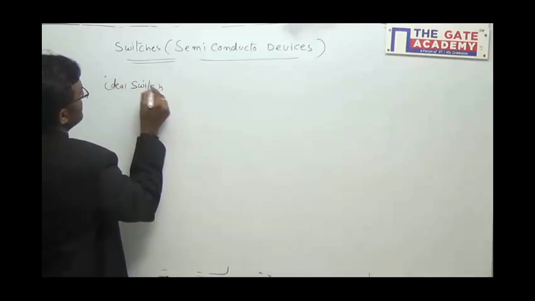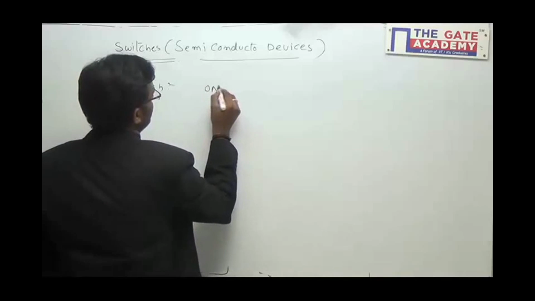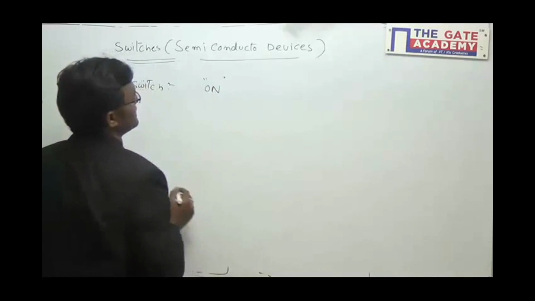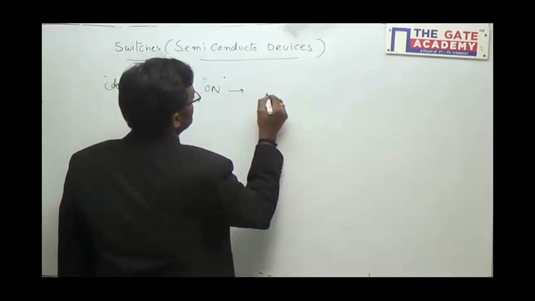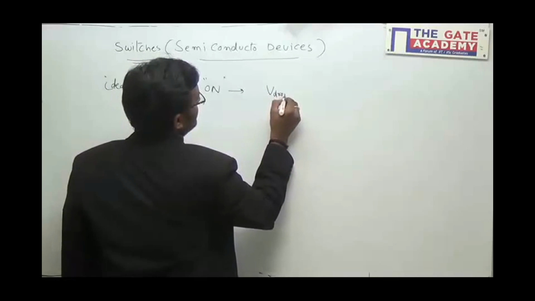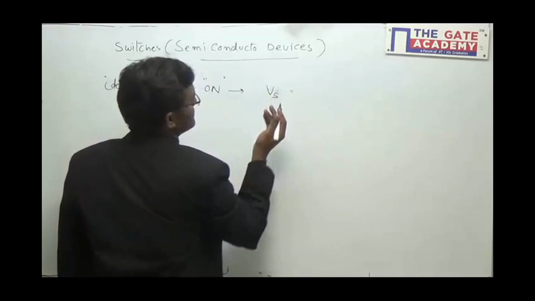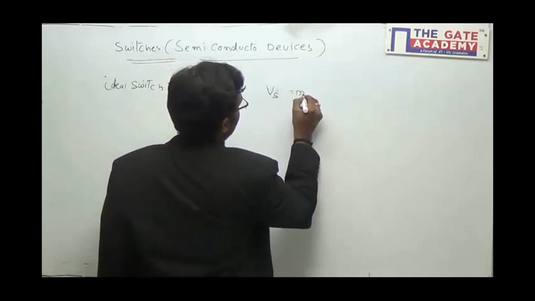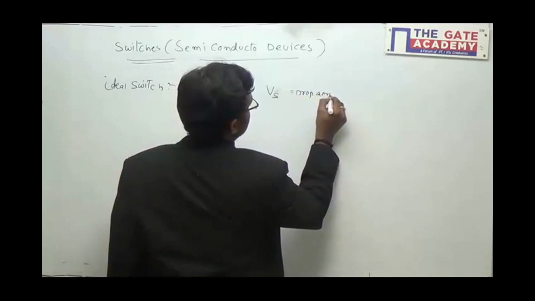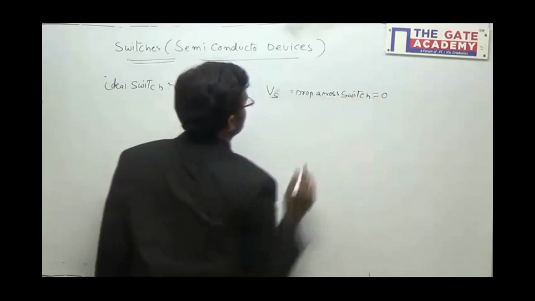In an ideal switch, when it is on, the drop across the switch, or you take Vs, the drop across the switch is 0.